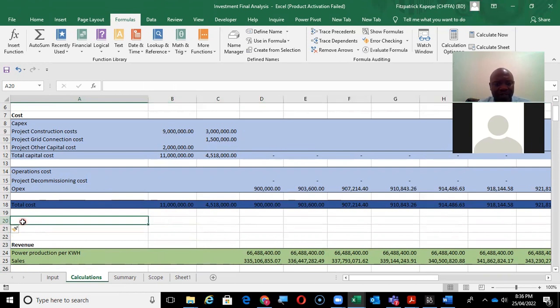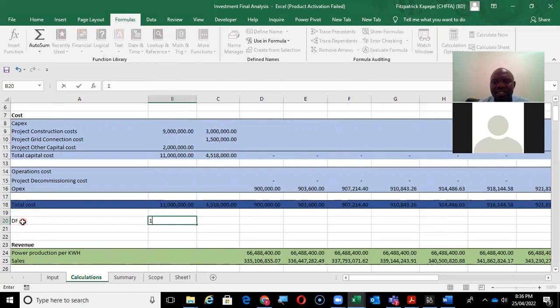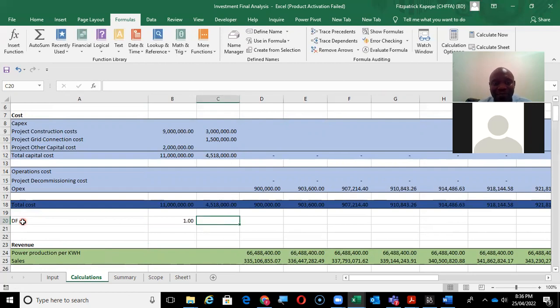So I'll bring in the present value. And I would start from here. First, I would say discount factor if I wanted. Your hurdle rate, which will be in the first year, you're not discounting now, which is year 0, you're not discounting anything because the value of money remains the same.